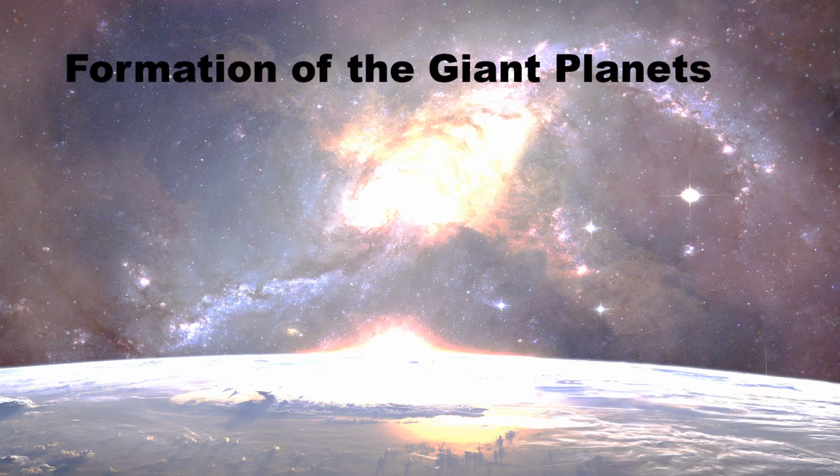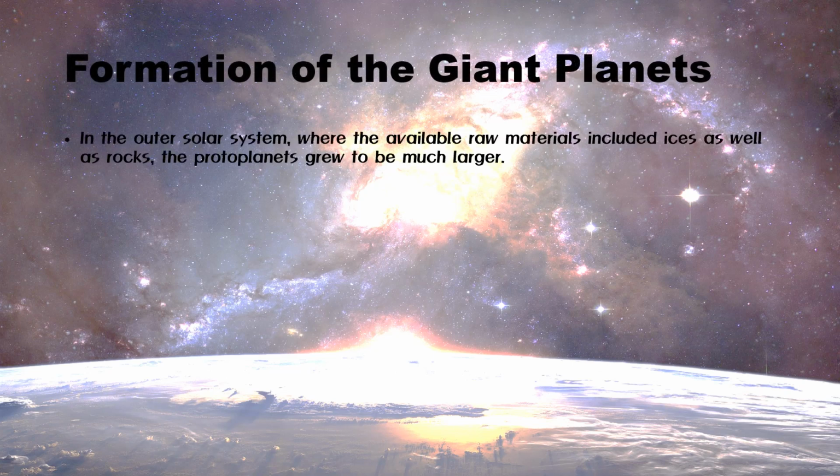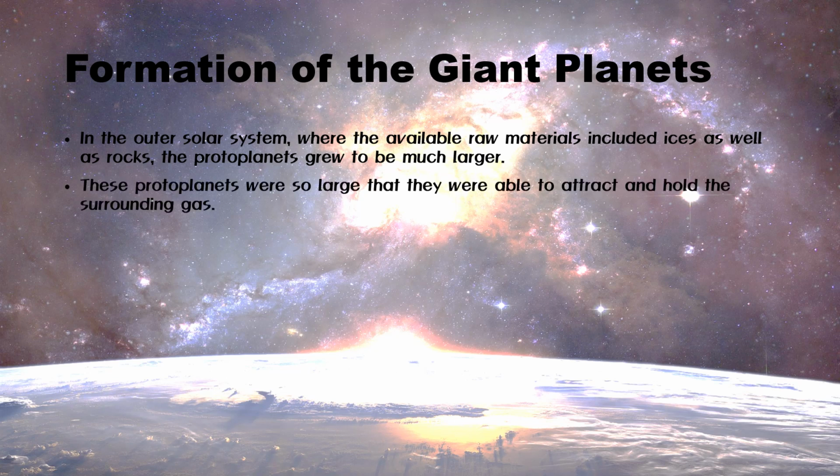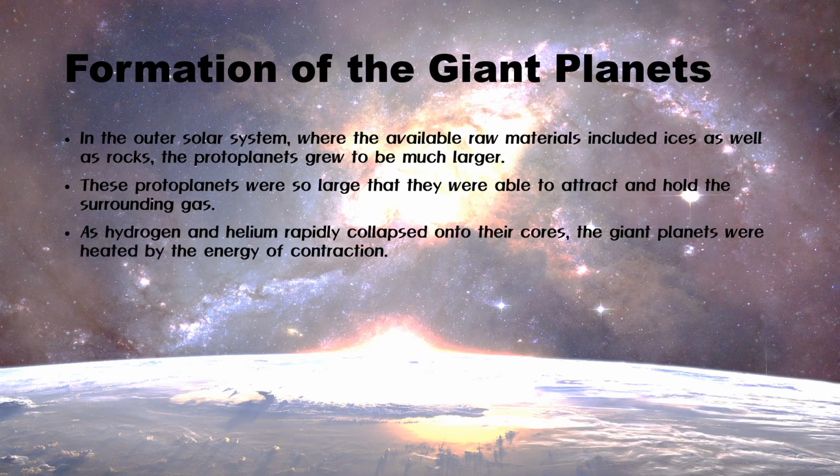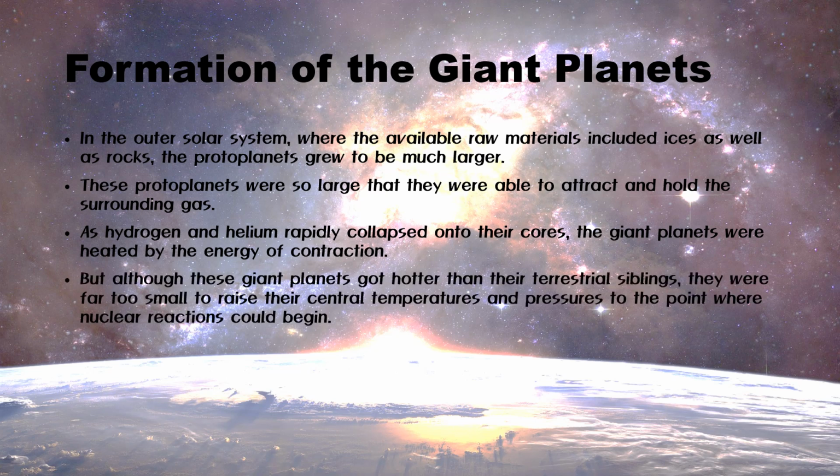Now, in comparison, the formation of the giant planets is a little different, because in the outer solar system, where the available raw materials include ices as well as rocks, the protoplanets grew to be much larger. These protoplanets were so large that they were able to attract and hold the surrounding gas, which is why Jupiter and Saturn have very similar compositions to the Sun. As hydrogen and helium rapidly collapsed onto their cores, the giant planets were heated by the energy of contraction.